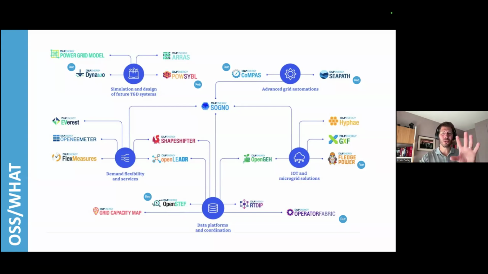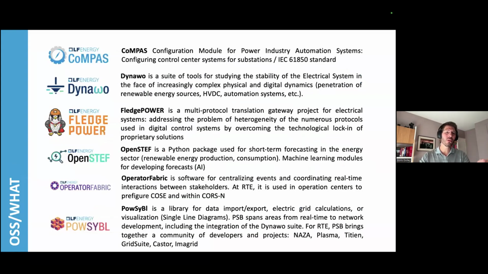There are a lot of solutions, and these are the ones where we are deeply involved, because in 99% of cases we are either the main maintainer of the project, meaning it's a former IP we owned and released publicly in the open source domain, or we contribute to it.